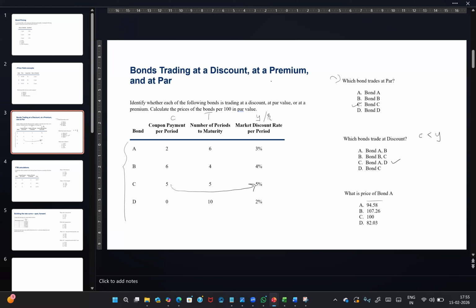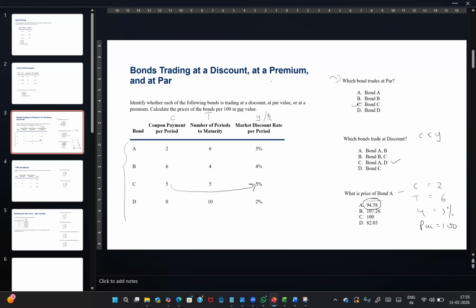And what is the price of bond A? So for this, coupon is 2, time to maturity or number of periods is 6, yield is 3%, par value is 100, 94.58.